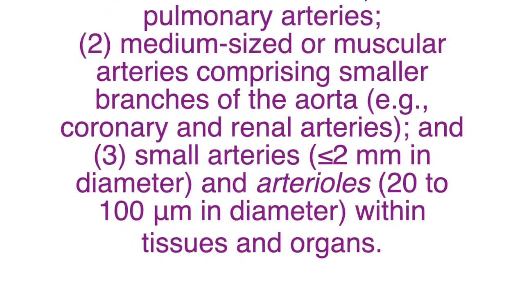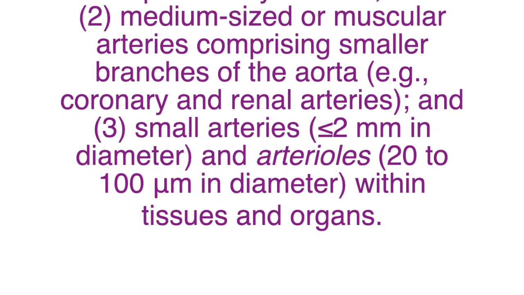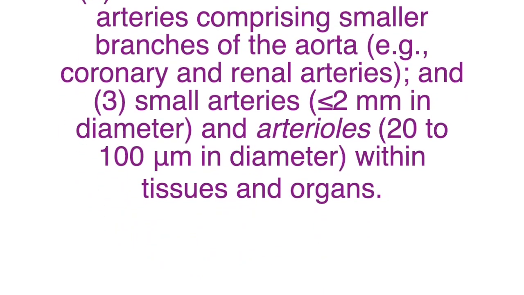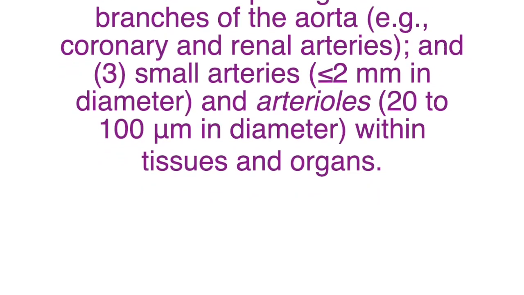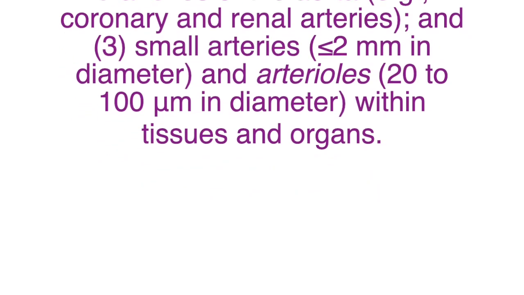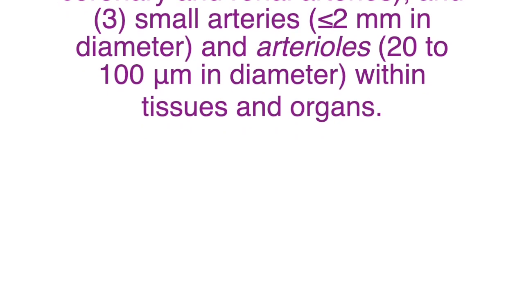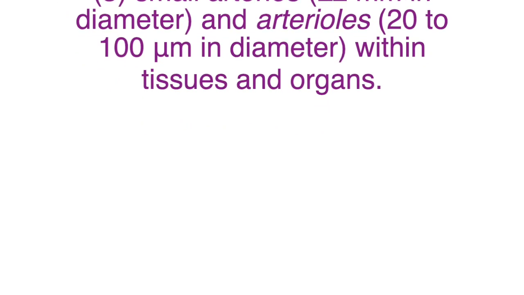Small arteries less than 2 mm in diameter and arterioles between 20 to 100 micrometers in diameter. One micrometer is one thousandth of a millimeter, and arterioles of this size are found within tissues and organs.